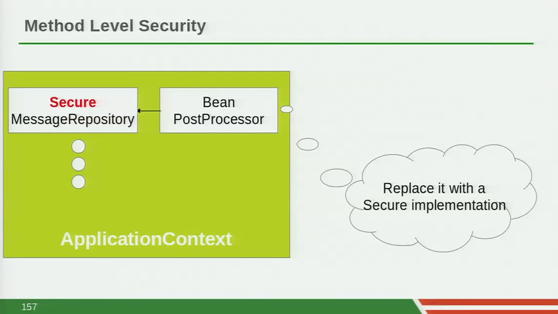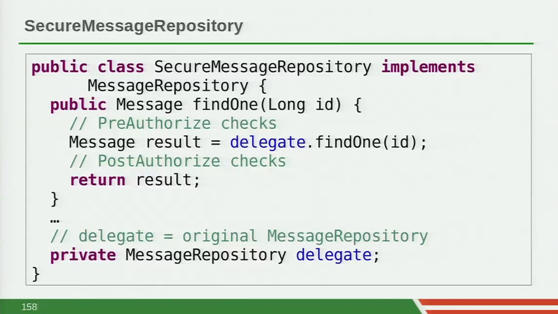So it turns it into a new object, secure message repository. And this is just a name I gave it. It's actually an auto-generated proxy object using Spring's AOP support. But fundamentally, this is what it's doing behind the scenes. It creates this new implementation, and what it does is it replaces the methods with those annotations with checks.